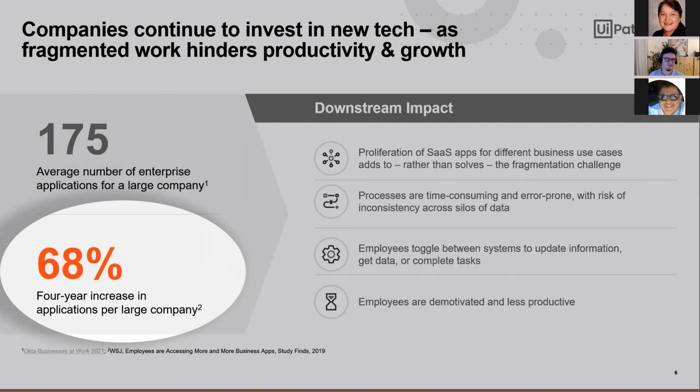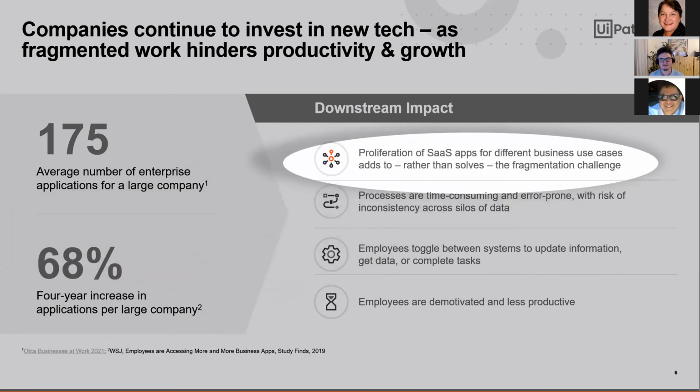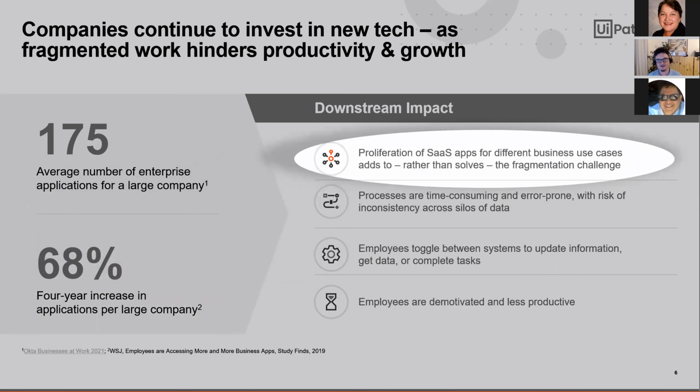That's actually massive, and this is something we probably need to find a solution to deal with, because the downstream impact is significant for our users. And the proliferation of SaaS apps for different business use cases adds more fragmentation. That's a big challenge for integration, right?